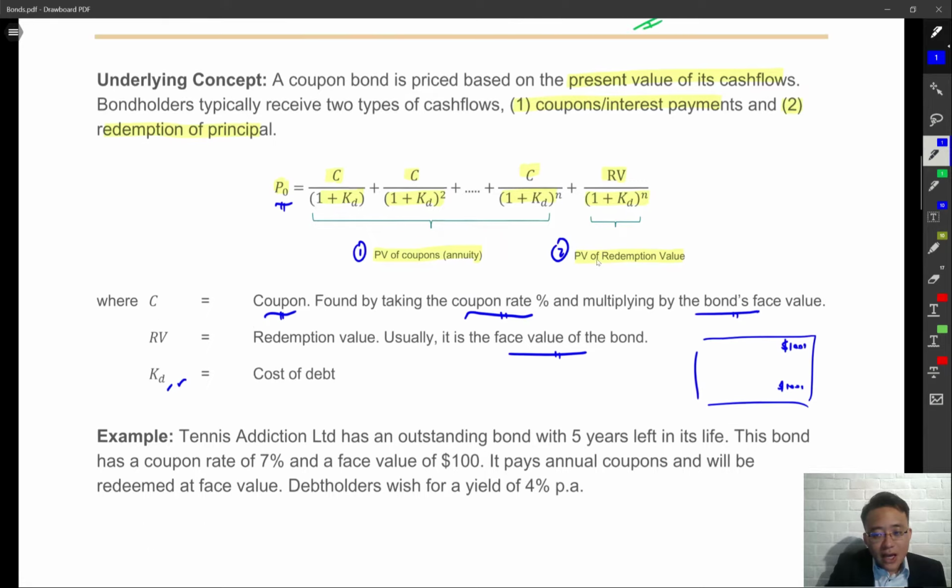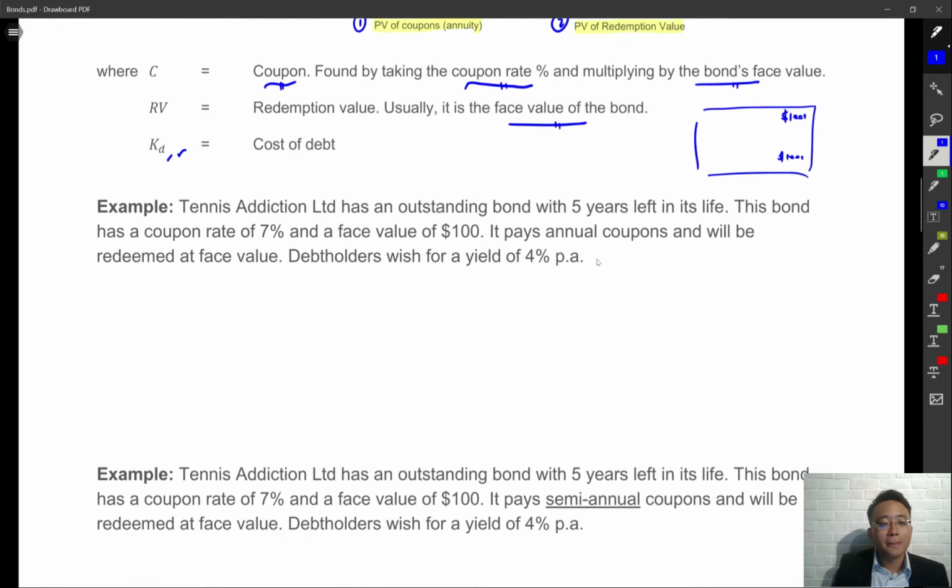So let's see how all of this is done in a question. Tennis Addiction has an outstanding bond with 5 years left in its life. This bond has a coupon rate of 7% and a face value of 100. So here we got some numbers. Can we pause for a while?